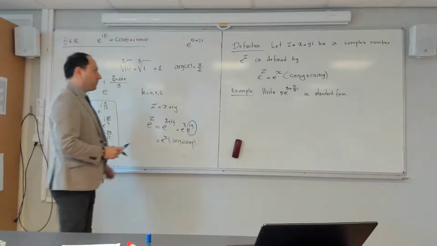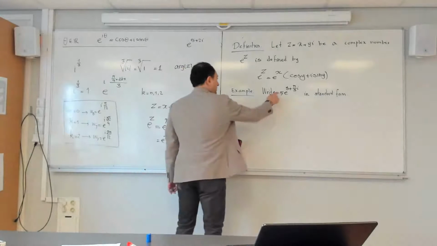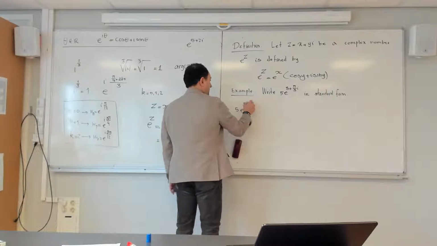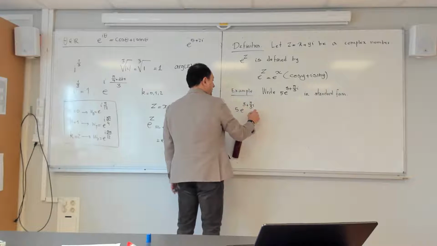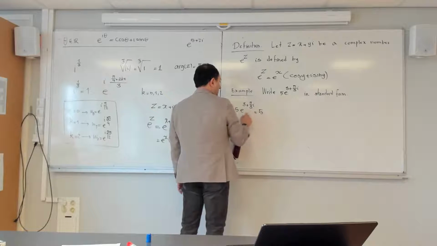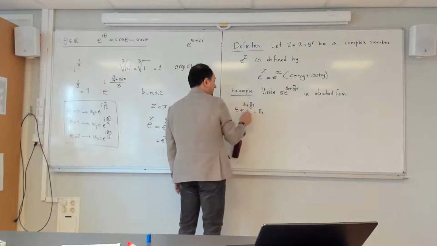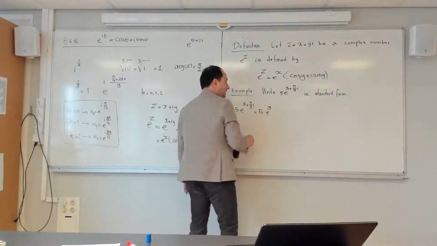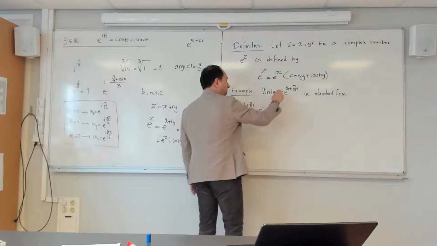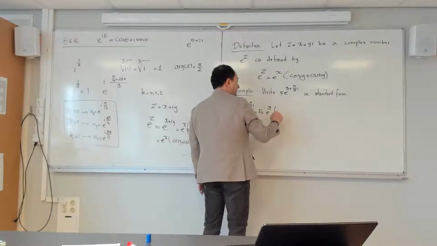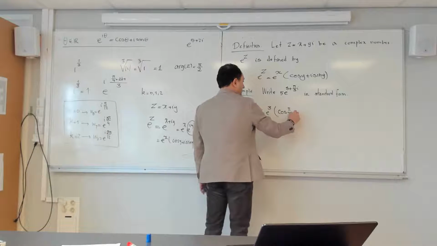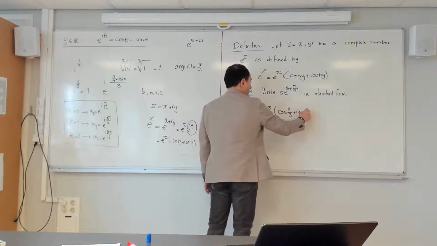Okay, so what can we do here? We have 5e to power 3 plus pi over 3 i. According to the definition here, this should be written in the form of e to the power of the real part multiplied by the cosine of pi over 3 plus i sine pi over 3.